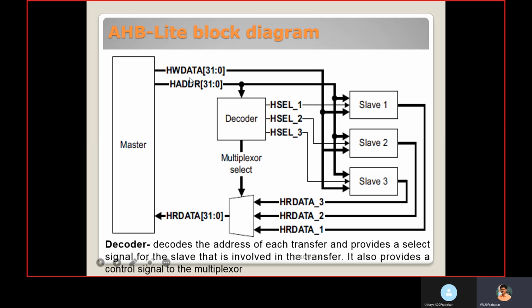The H is a prefix added to identify this as the AHB protocol. So HWDATA and HADDRESS inputs are given to all the slaves. Based on the HADDRESS, the decoder will select any one of the slaves.